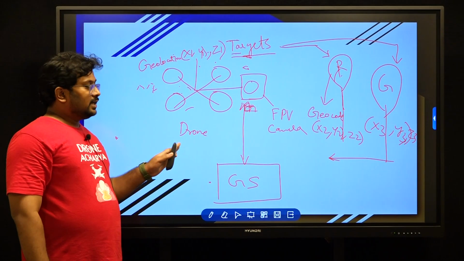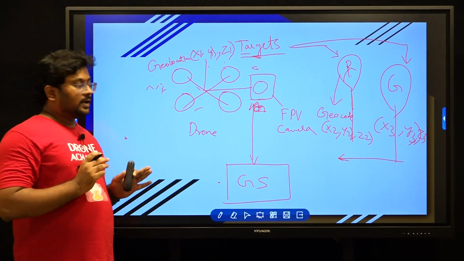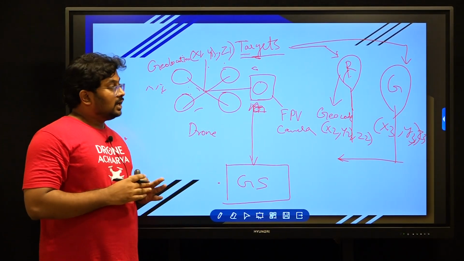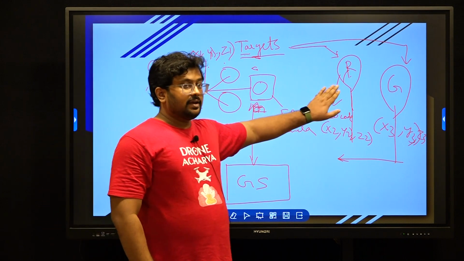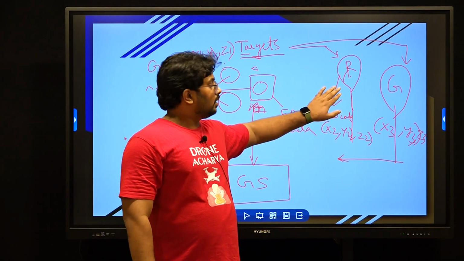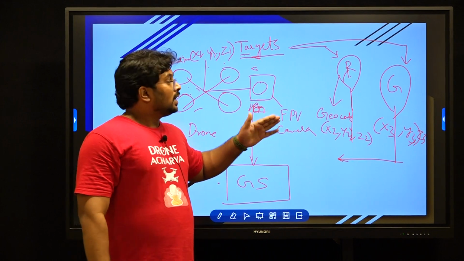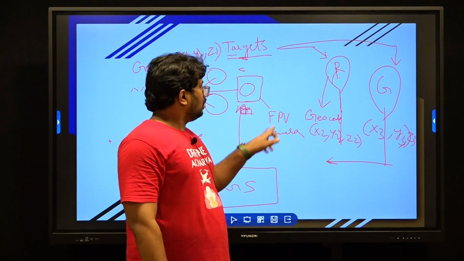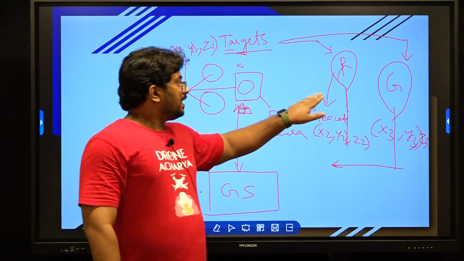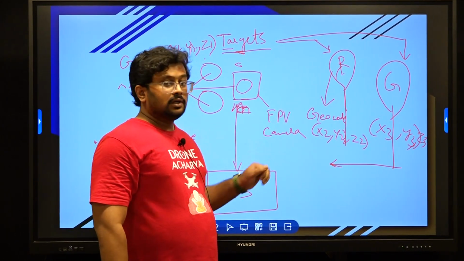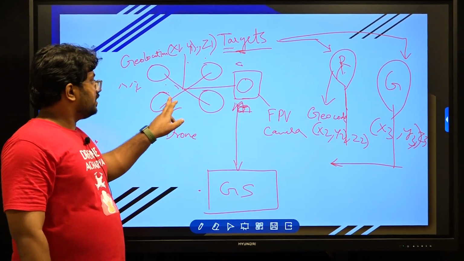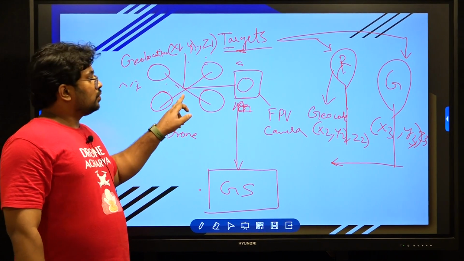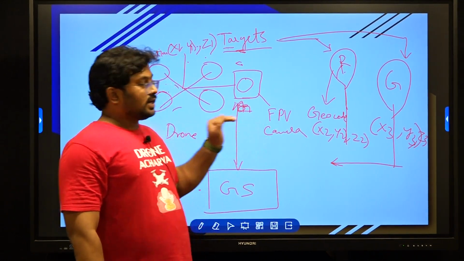So it is very clear that we have to develop an application which will be able to identify balloons along with the type of balloon and its color. Once it has identified the balloon, we have to move this drone to that target and neutralize the balloon.